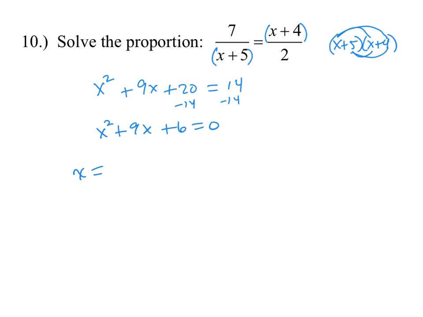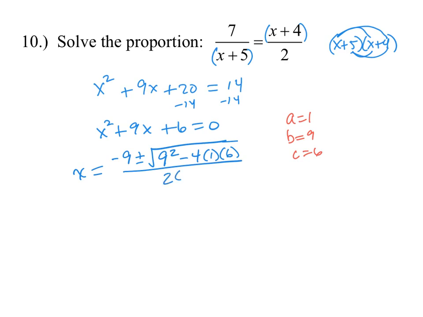If you need to jot it down, a is 1 in this case, b is your coefficient of the x term, so that's 9, and c is your constant term, so it's 6. So to find our solutions, we take the opposite of b, so that would be negative 9 plus or minus the square root of b squared, so that's 9 squared, minus 4 times a is 1 again, times c is 6, and then that's all, the whole thing over 2 times 1.